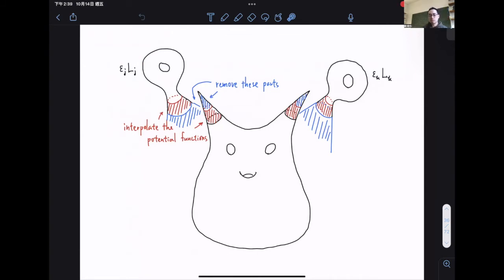In this way, we get a smooth Lagrangian submanifold in M. Actually we get a one parameter family because we can adjust the scale of the asymptotically conical special Lagrangian to be as small as we like. And when the scale goes to 0, the submanifold N epsilon converges back to the original special Lagrangian with conical singularities.